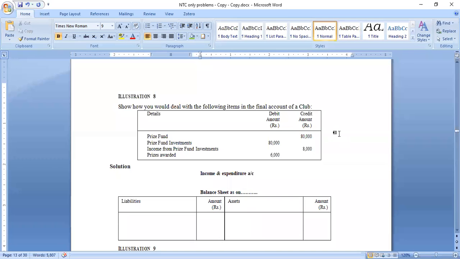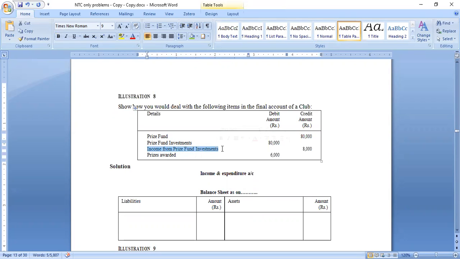As this is a capitalization item, this treatment will be different in the final accounts. So for example, income from prize fund investments.